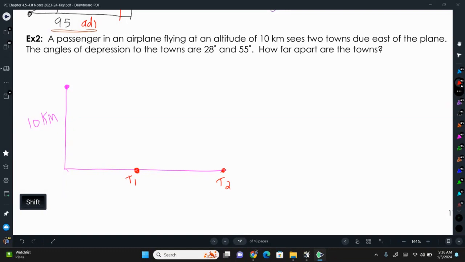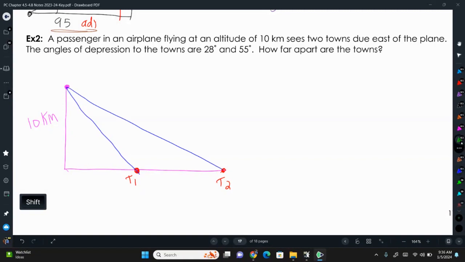And if we're looking at, this is the angle of depression, the 2 towns are 28 degrees and 55 degrees.